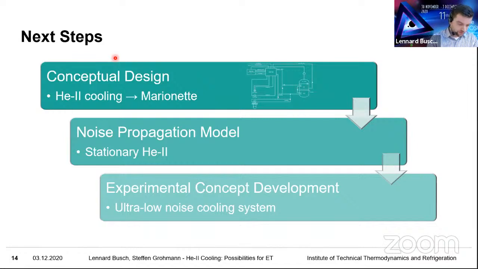And once we know enough about those system parameters, we will need to model the noise propagation in stationary helium-2 to gain experience on how much noise we can expect the helium capillaries to introduce to the marionette. Obviously, the concept we developed that way will need to be proven, and in order to do that, hopefully still within my PhD thesis, we'll develop an experimental concept to assess this hopefully ultra low noise cooling system.